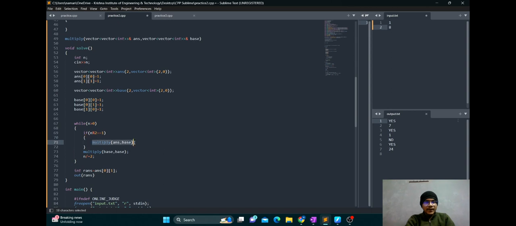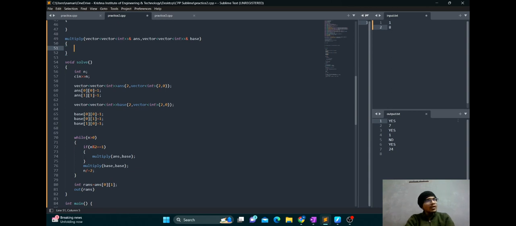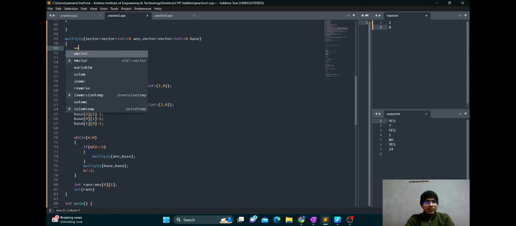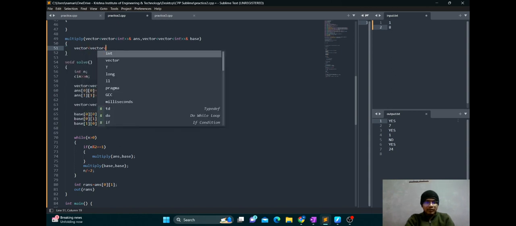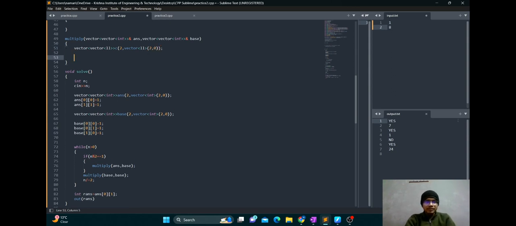Okay, so answer equal to this. Make another vector C of size 2 comma size 2, initialized to 0, in which we will store the answer.